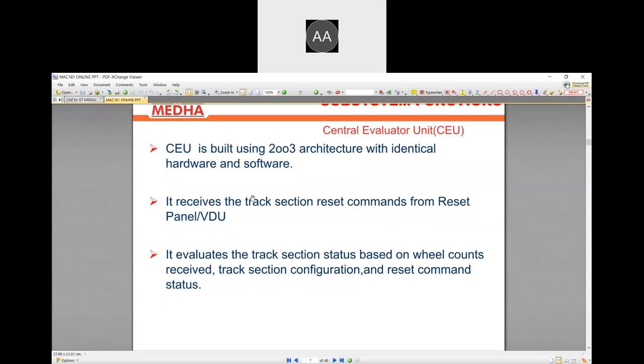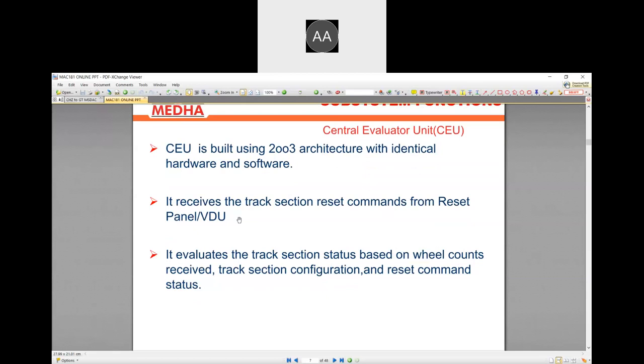The job of the central evaluator unit is to receive the track section information and to receive the reset command given by the station master through the panel or VDU.